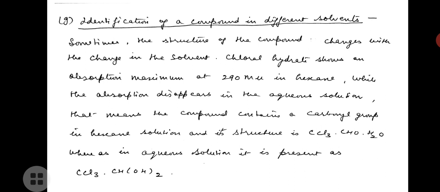Well, there are many more other applications also. For example, let us study one more, determination of configuration of geometrical isomers. The results of absorption show that cis alkenes absorb at different wavelengths as compared to their corresponding trans isomers.